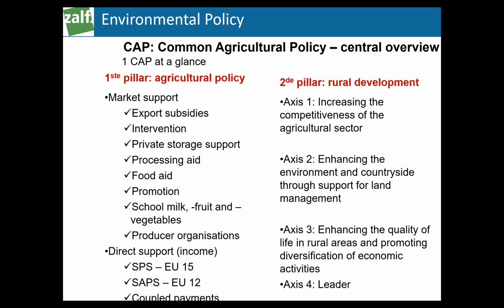And this is what is done. You pay, the farm is receiving a compensation, but it is not coupled. It is a payment for the farm that is decoupled from the quantity the farmers produce.